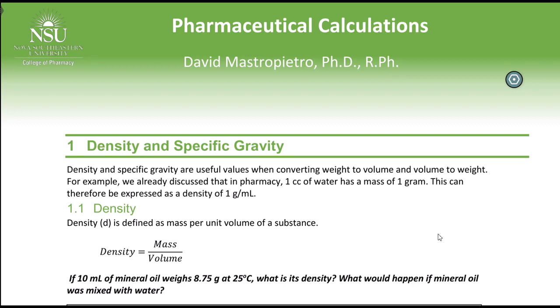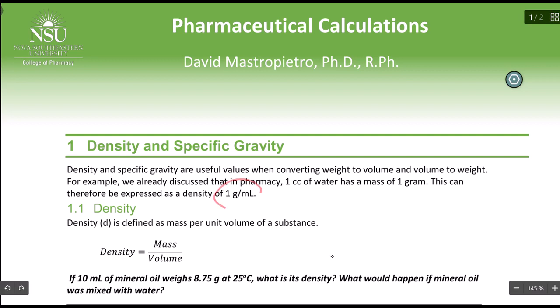As we discussed earlier, there's an important number that we need to know, and that is for water, that 1 cc of water, right, 1 cubic centimeter of water, or 1 ml of water, has a mass of 1 gram at our temperature. So this can therefore be expressed as a density of 1 gram per ml.